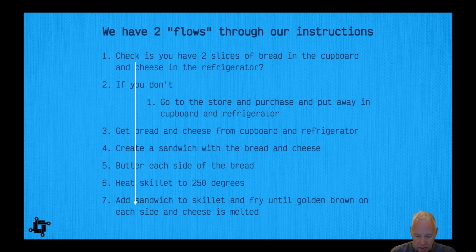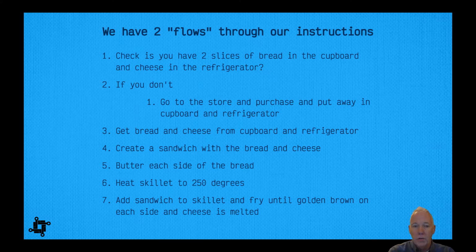Well, the likelihood is that when we checked to see if we had bread and cheese, it turned out to be true. Remember when we covered Booleans, true and false? That's true. And this is saying if it's not true, like if we don't have them, go do something else. Since it was true, we just went straight through. And that would be one flow through the program.